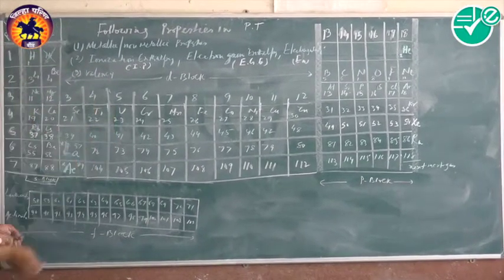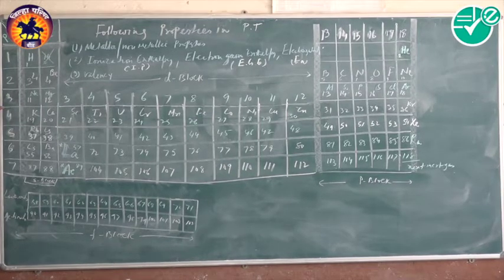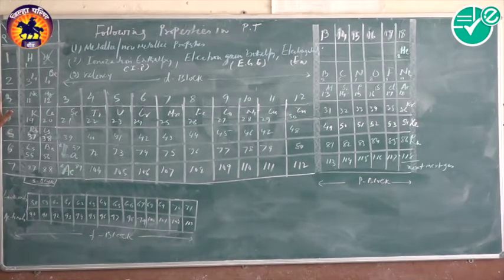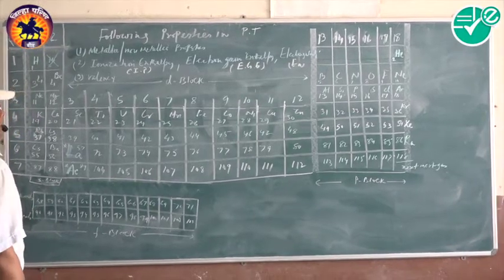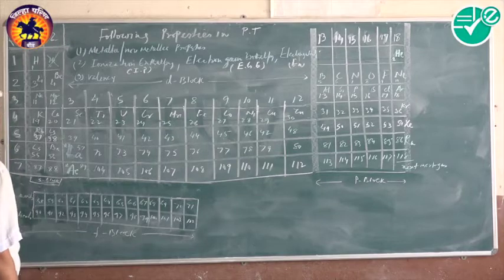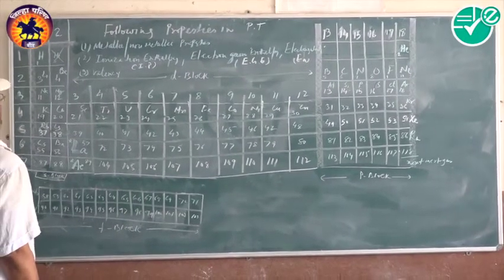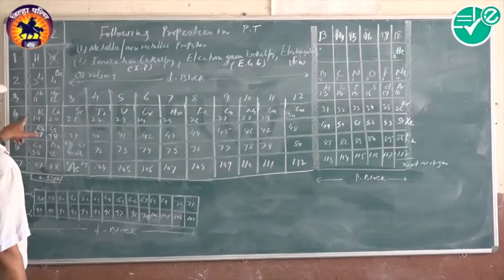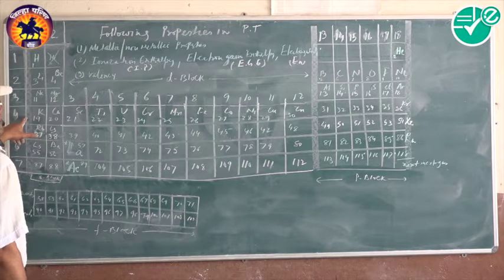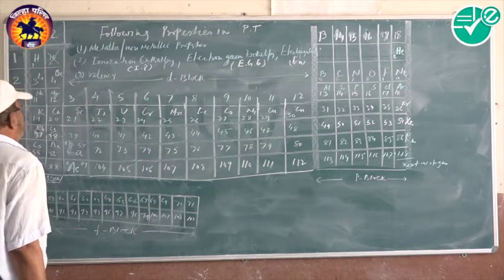Okay. In the periodic table, 2/3 of elements are metals. We remember, 2/3 of elements in the periodic table are metals. Left hand side of the periodic table elements are metals.